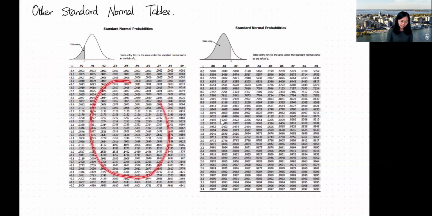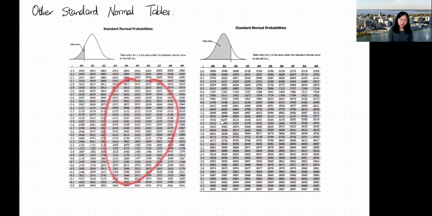And in the interior of the table, you have the probabilities. But what probability these are depends on the description of the table. And these tables are different from the one we just looked at.